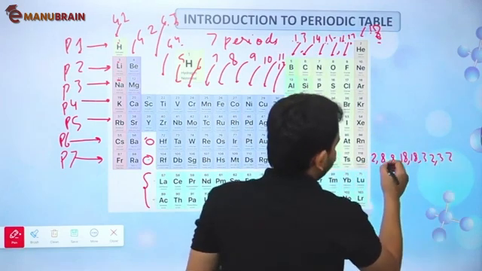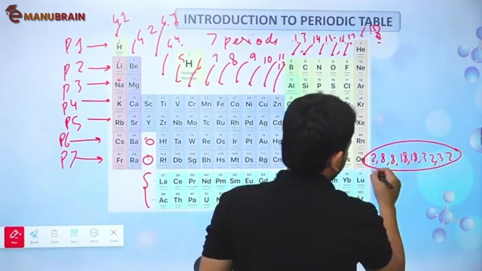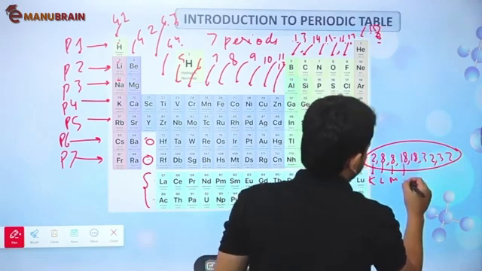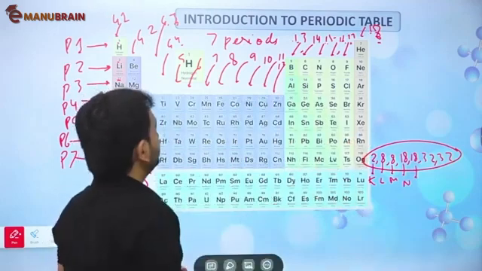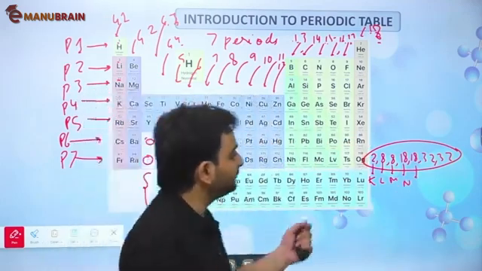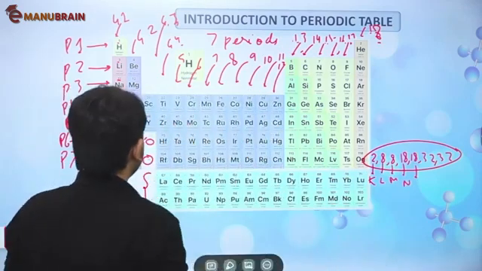If we are talking about the K shell, this is K, this is L, this is M, this is N, and it goes like that. So it's filled in this order, and there is of course space left for more elements to be added. I hope you've understood this, guys.